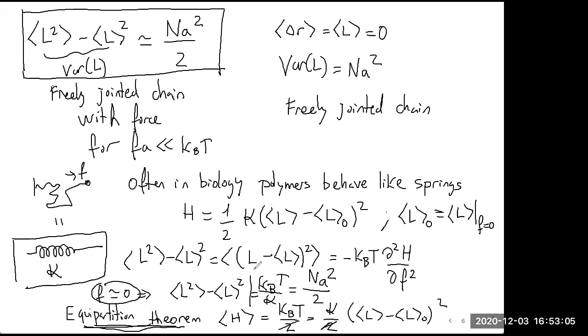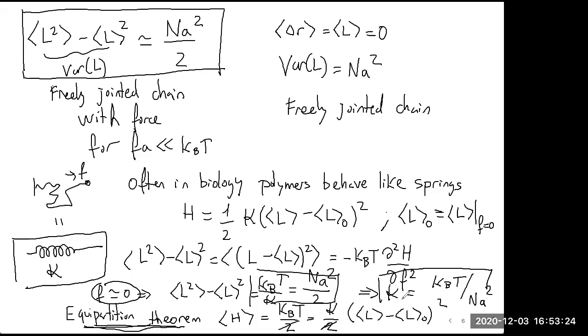You can get it from this equation: the spring constant is KBT divided by NA squared. Okay, so there is a relation.